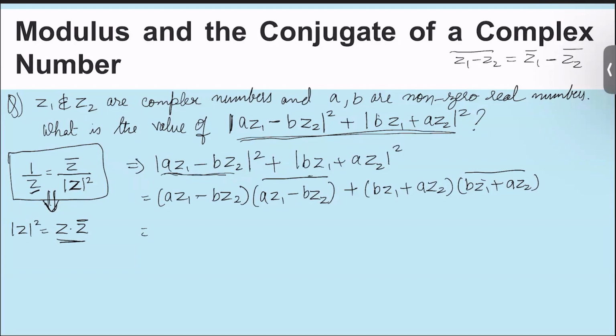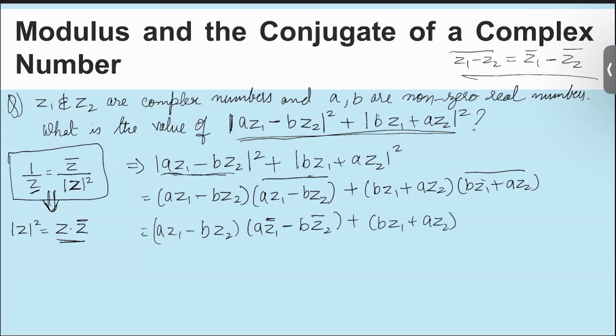Simplifying, you have a z1 minus b z2 times a z1 conjugate minus b z2 conjugate, and similarly b z1 plus a z2 times b z1 conjugate plus a z2 conjugate.